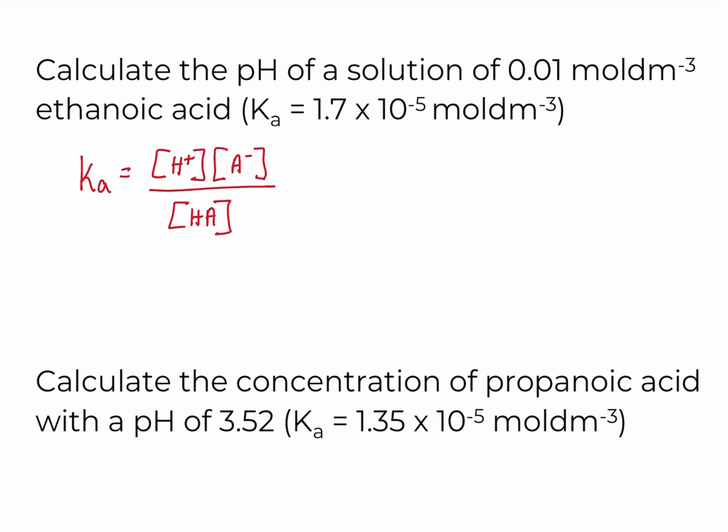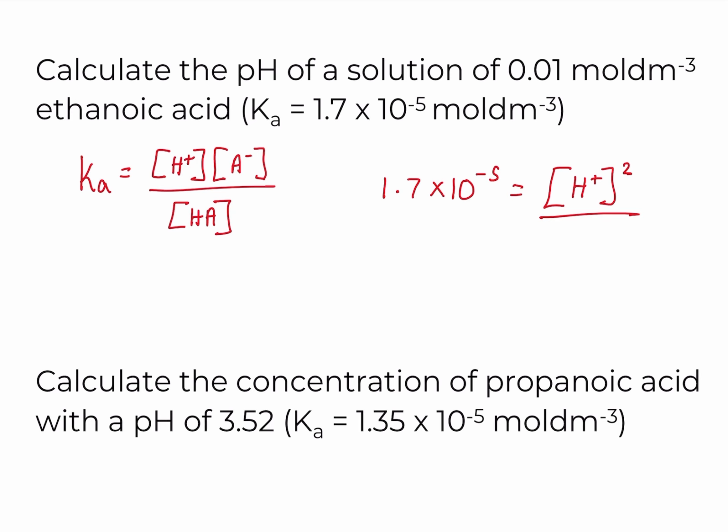We know that Ka is 1.7 times 10 to the power of negative 5, so we're going to have 1.7 times 10 to the power of negative 5. And remember, the hydrogen ion concentration and the A minus concentration is the same. Okay, so we can literally simplify that to H plus squared, and that's over the concentration of acid.